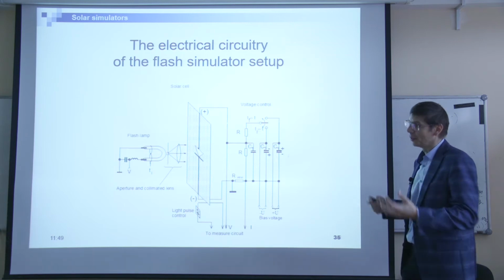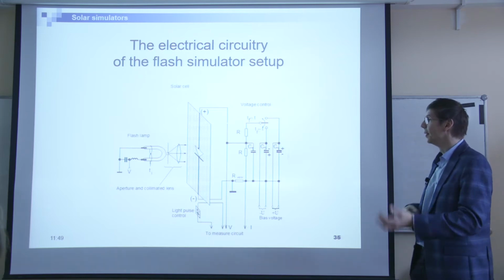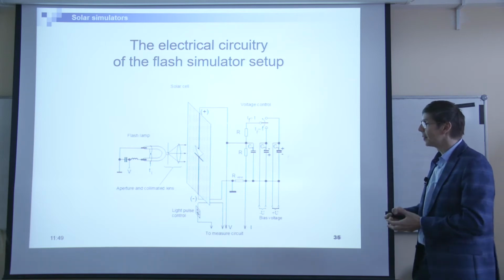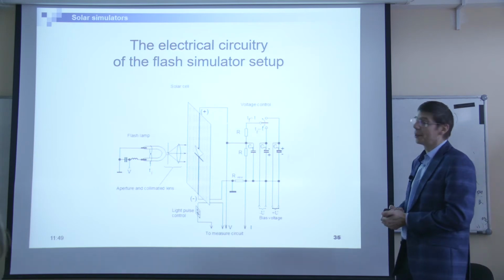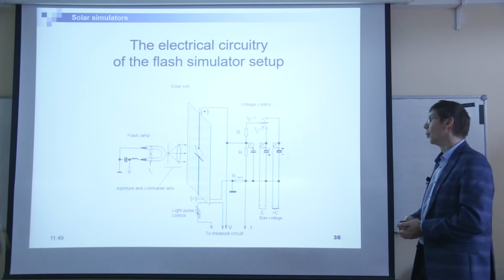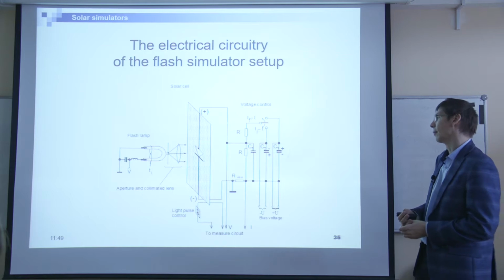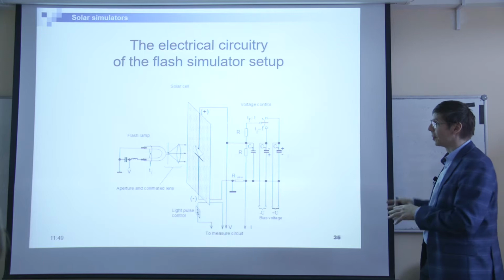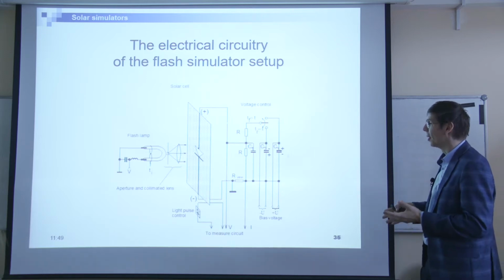In some cases you can make some synchronization, but normally it's only one device. So if you use a continuous solar simulator, you can buy a simulator and different devices to measure IV. You can get a set of different devices. But for the flash simulator, normally it's everything in one device.